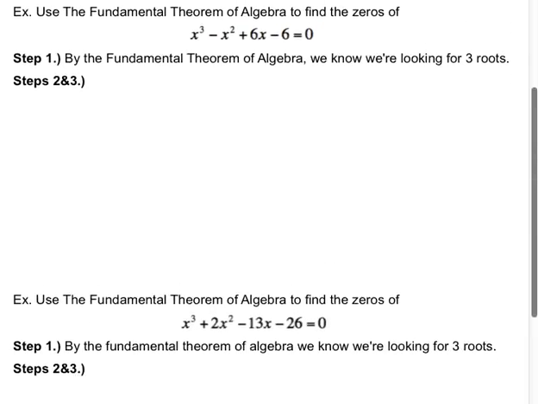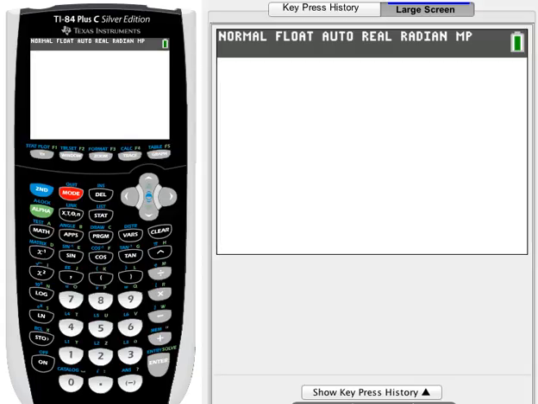If my directions are simply to find all of the zeros of this polynomial, then to help me find all the zeros with this process, I need to find one of them. To find that one, I'm going to need my graphing calculator.